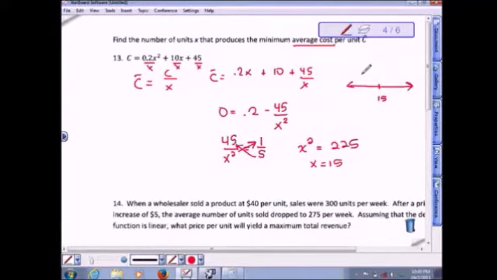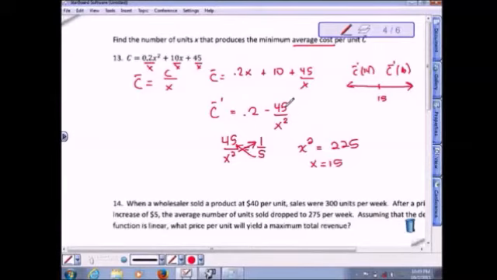So if we were to take 15 and then find c bar prime of 14, for example, and c bar prime of 16, and see what's happening here.